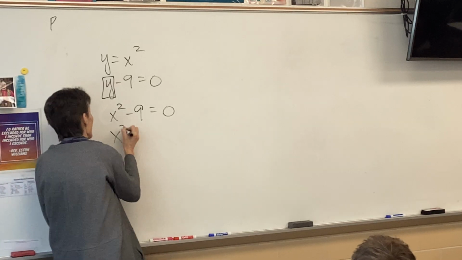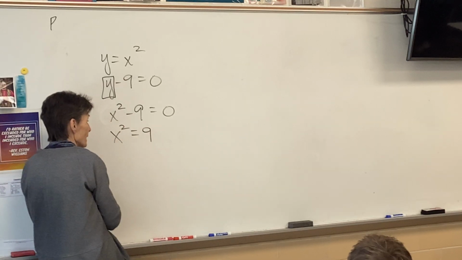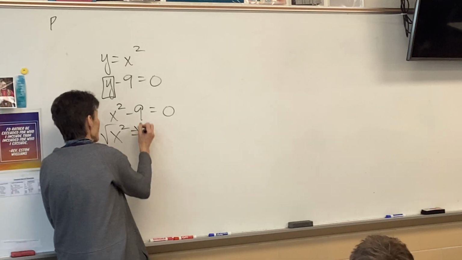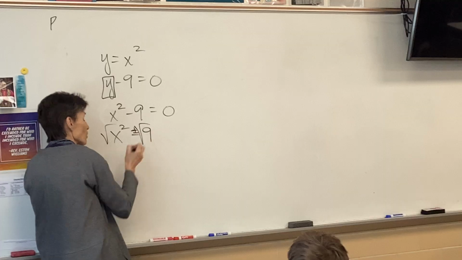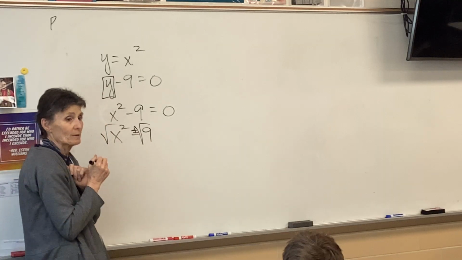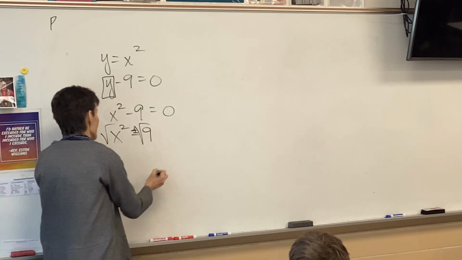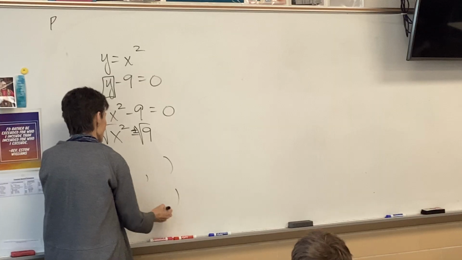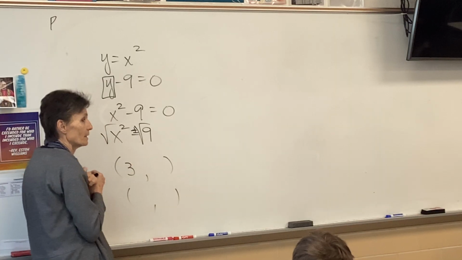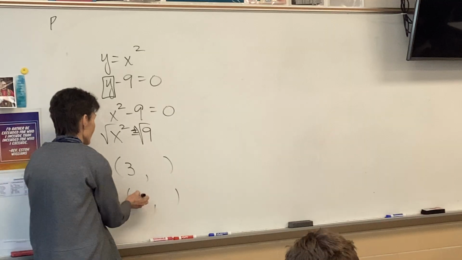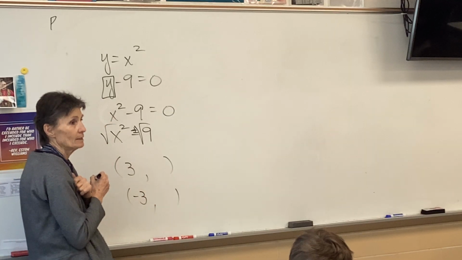I could add the 9 over, and then square root, that's one option. However, if you use that option, please don't forget the plus or minus. So you have 2 answers coming up here. One of them has an x coordinate of 3, and one of them has an x coordinate of -3.